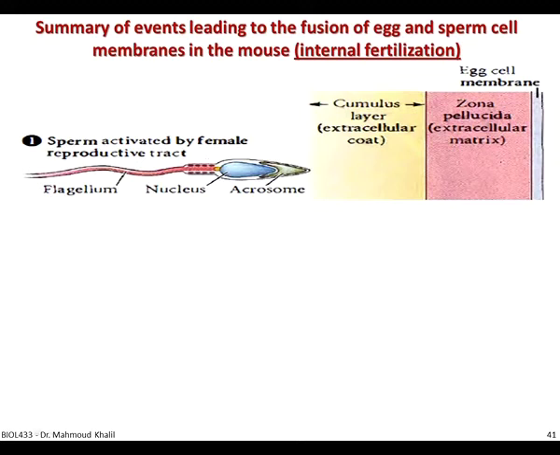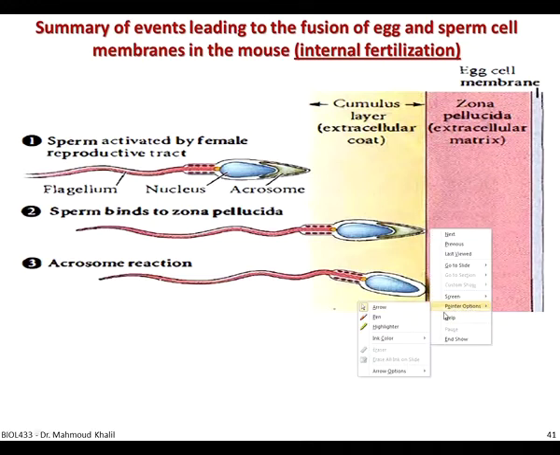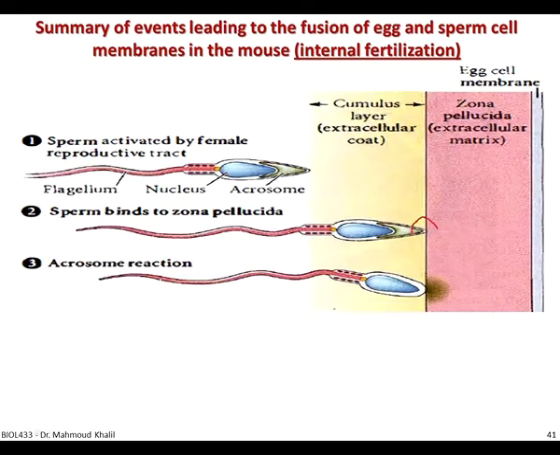So you can see here, the layers are a little bit different. You have a zona pellucida that covers the external membrane, an extracellular matrix, and then you have the extracellular coat, which is called the cumulus layer. Again, the sperm passes the extracellular coat until contact with the zona pellucida. Once in contact, there is an acrosomal reaction trying to dissolve the zona pellucida.